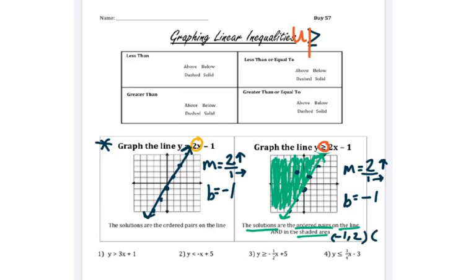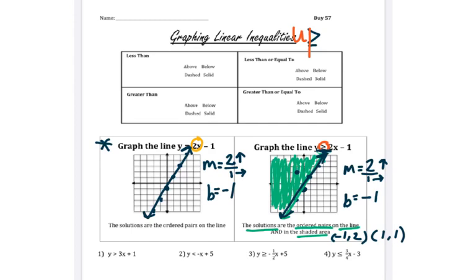So right 1 up 1 is a possible solution of this line. So that's all we do. We graph it like normal. We figure out if it's a line here, then we draw a line through my points. Then I figure out shaded above or below.